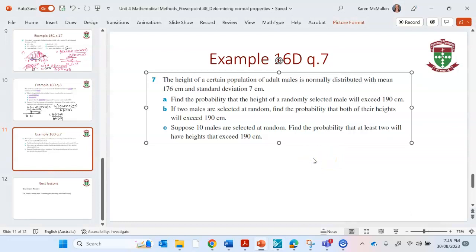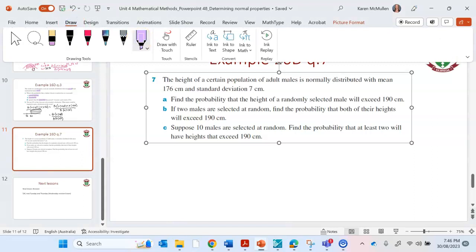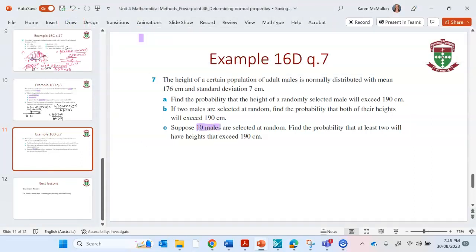All right, part C, suppose 10 males are selected at random. Find the probability that at least 2 will have heights that exceed 190 centimetres. So this question is actually the binomial distribution with using the normal distribution. So we've got 10 males, so our number of trials is 10, and we want at least 2.